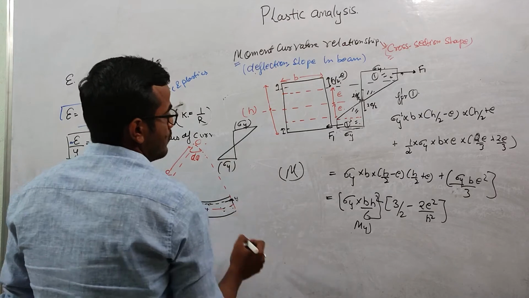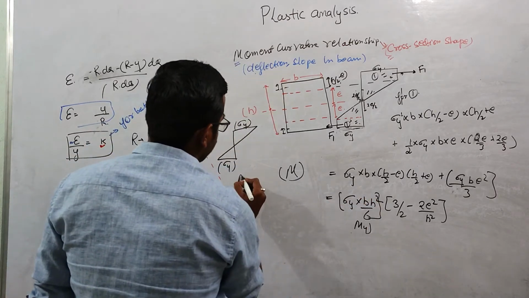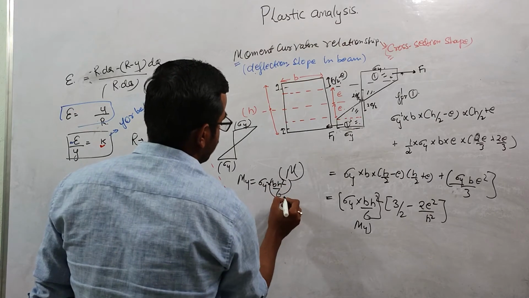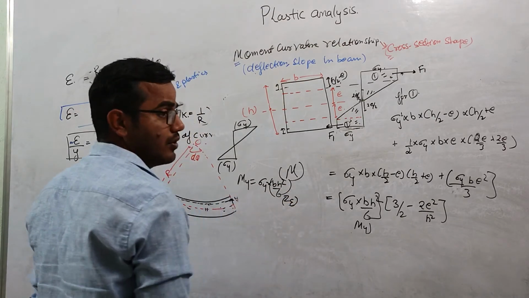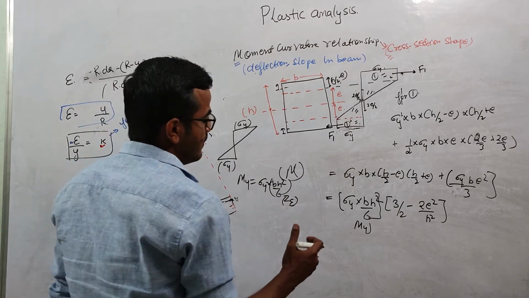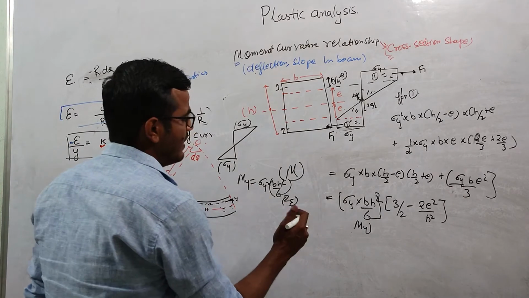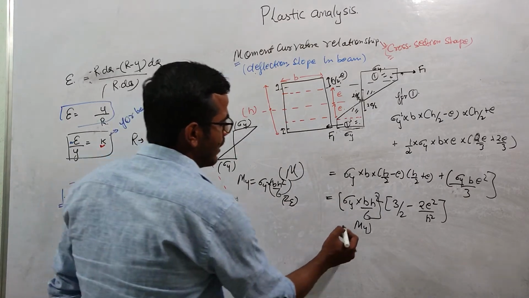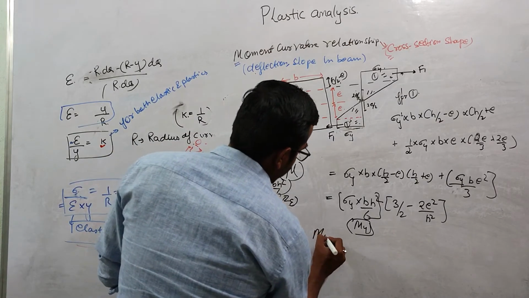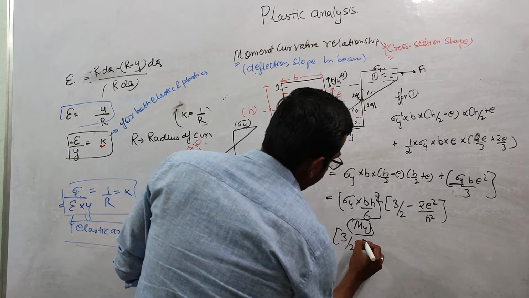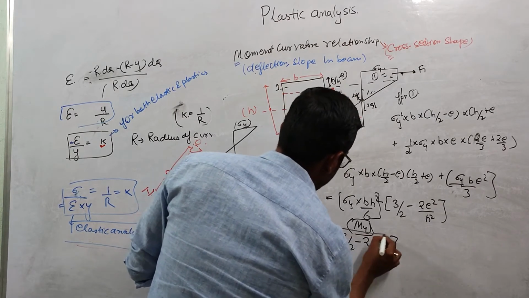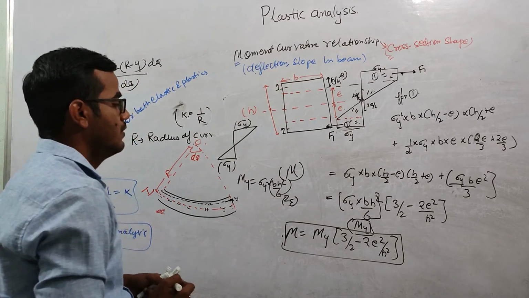The moment of resistance formula for that case is My equals sigma y into b h square over 6. This is the elastic section modulus, which you can see in strength of materials. I'm directly calculating this value. So our relation is M equals My into (3 by 2 minus 2e square over h square), right? So this is the case.